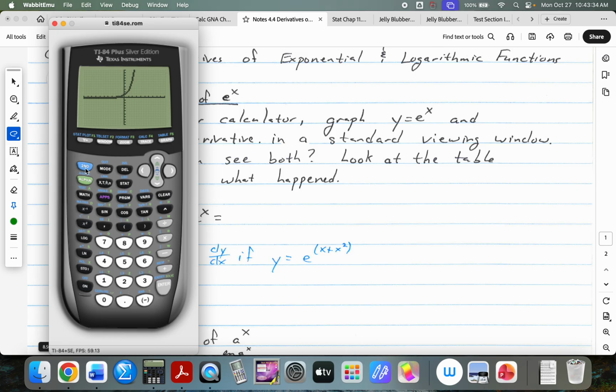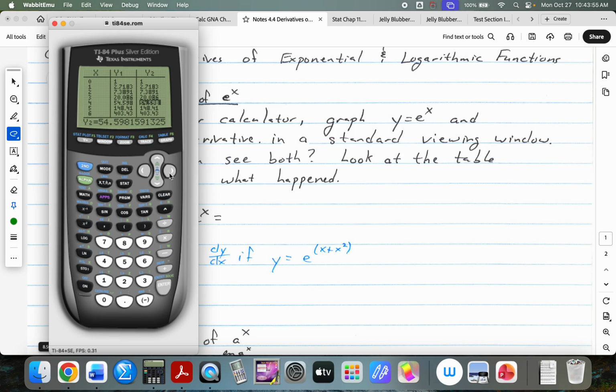If we look at the table, you can see that for any value of x you choose, the original function and its derivative are, to many, many decimal places, exactly the same.